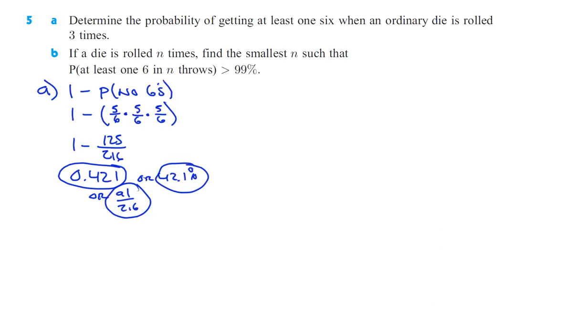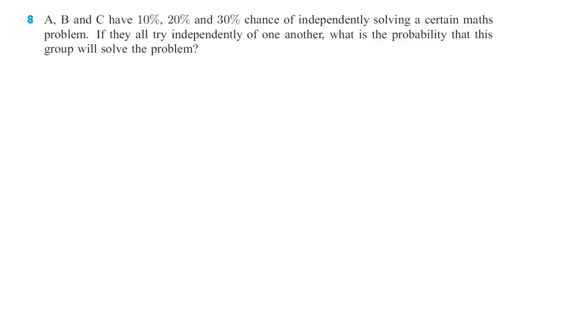Okay, last one. A, B, and C have a 10, 20, and 30% chance of independently solving a certain math problem. If they all try independently of one another, what's the probability that this group will solve the problem? Similar to the previous two, if we figure out the complement, none of them solving it, that will give us the probability that this group will solve it, right?